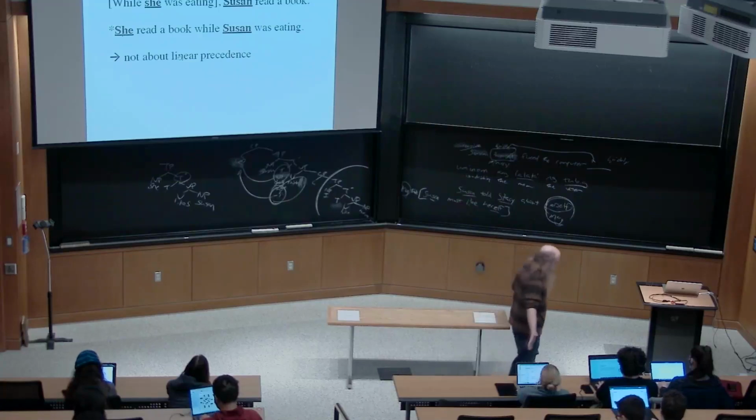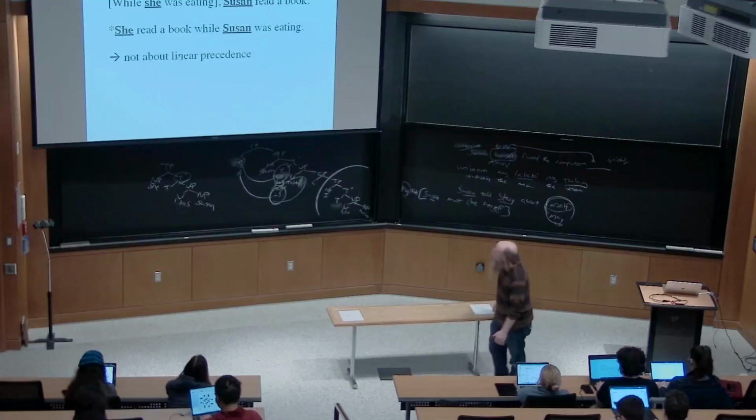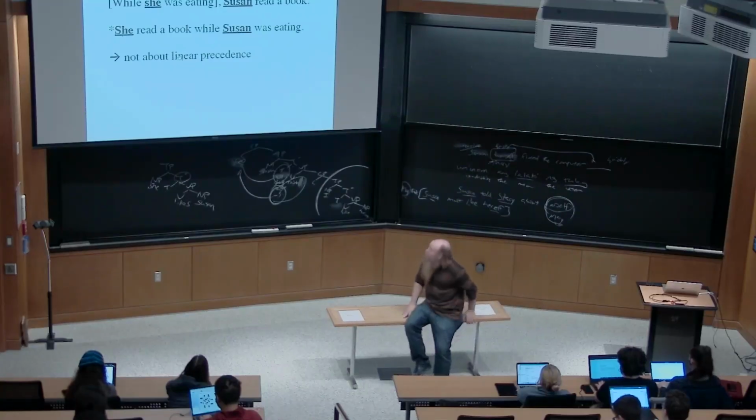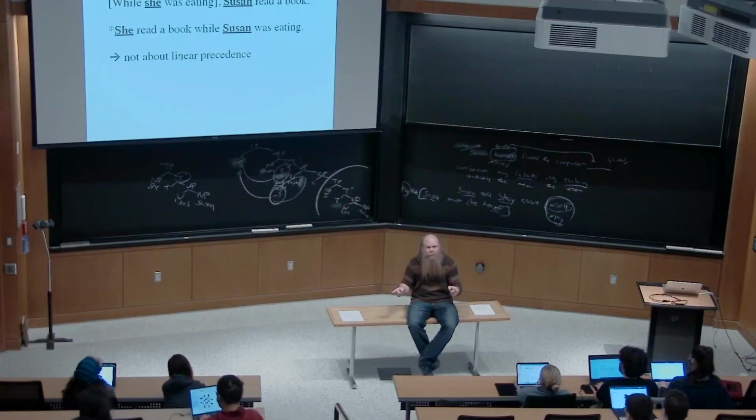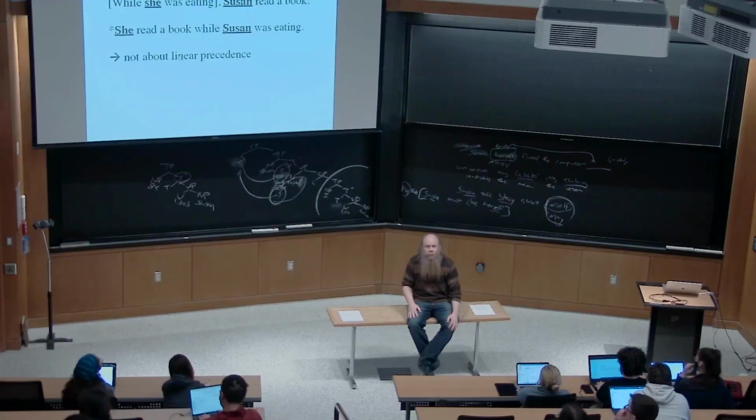Even though, if you were going to design a language for computers to use, I'm not a computer person, you may have picked up on this, even I think it would be easier to get a computer to figure out which thing linearly precedes which other thing than which thing C-commands which other thing. That's a much more complicated task, it seems to me. Not that I know anything about this stuff. And yet, all of us go for the more complicated task. We're built that way. We can't help it. So language doesn't care which thing precedes which other thing. It cares which thing C-commands which other thing. Always, in every language, over and over again.